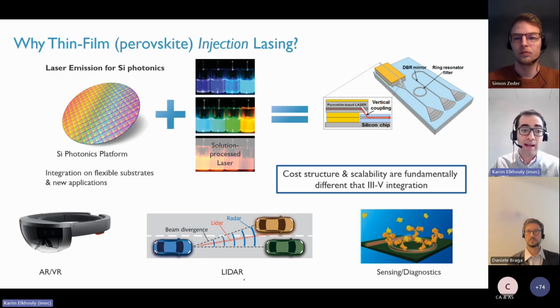And in this case, you can basically circumvent this problem of III-V integration. This will also enable a completely large set of applications. We're talking about AR, VR, LiDAR, sensing, diagnostics. In fact, there are many applications which will be triggered once this invention is mature enough to be on the market.